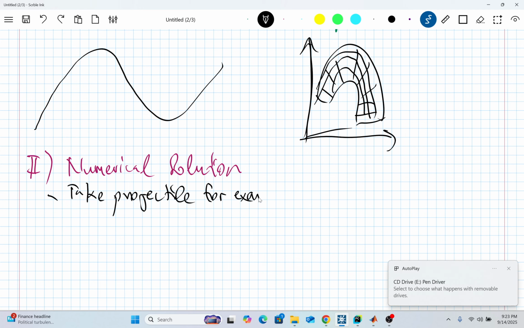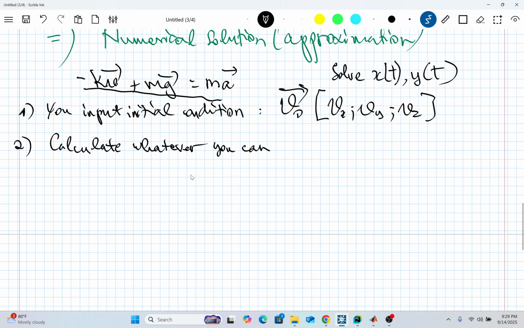If you have this function, you can input V0 into here, and then you will have minus kV0 plus mg equals m a0. And you can get a0, and a0 equals something. And then you will use this a0 to update your v0.